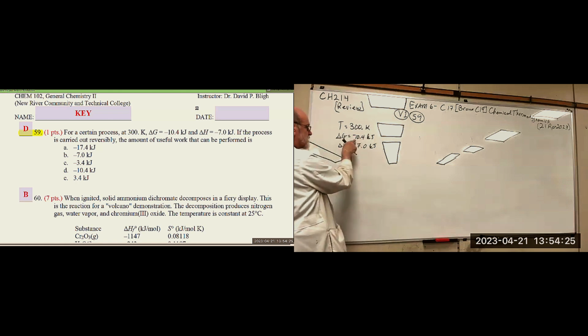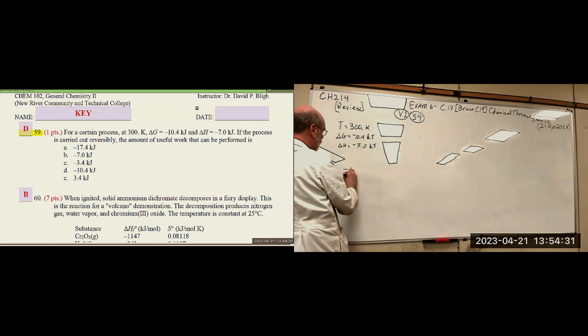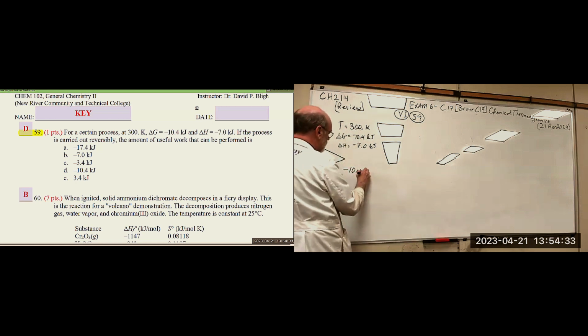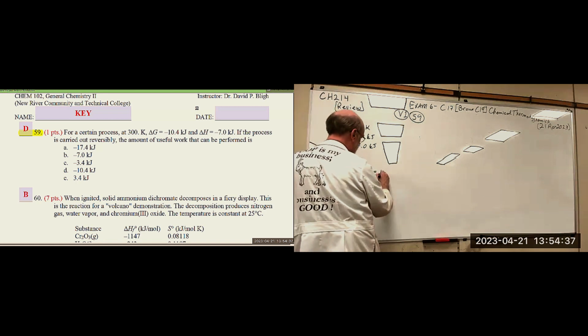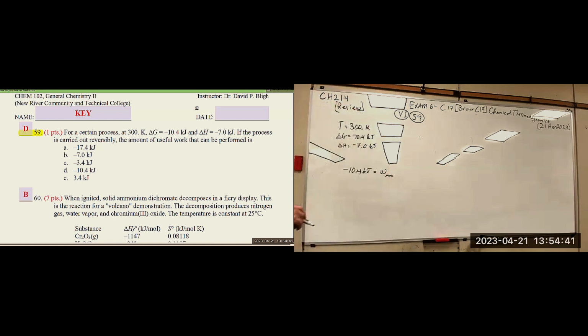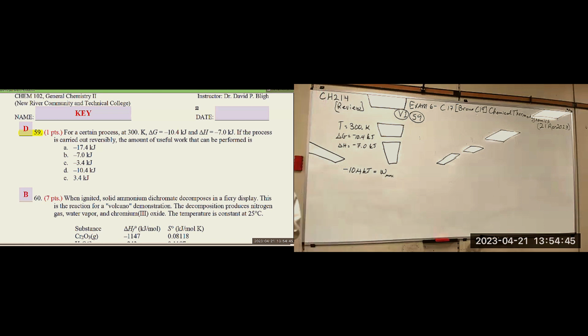It's spontaneous. So we can gather energy from this spontaneous reaction in the form of 10.4 kilojoules, and that's equal to W max. That's what free energy means. So that's the answer right there.